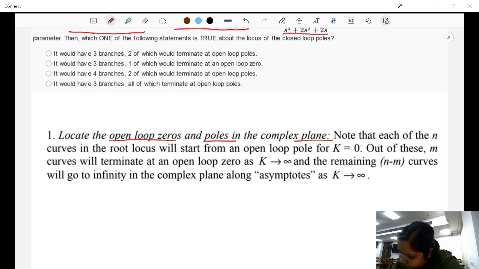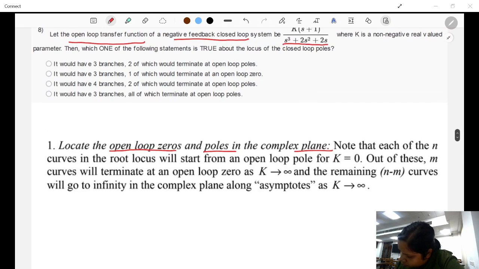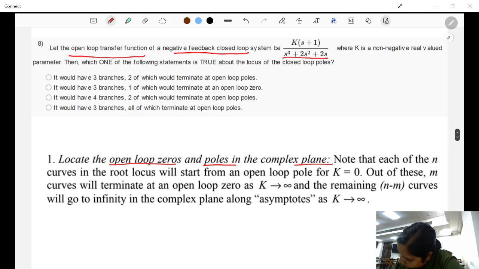First of all, we will see what the poles of the system are. What is your OLTF? It is K upon s plus 1 upon s into s square plus 2s plus 2, right? This is your closed loop transfer function.